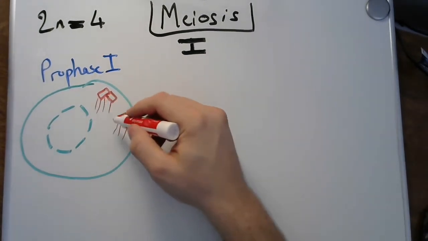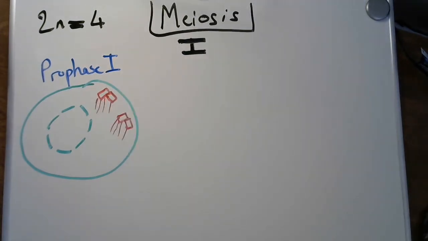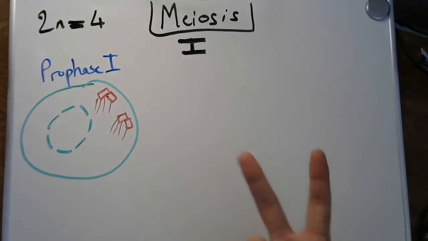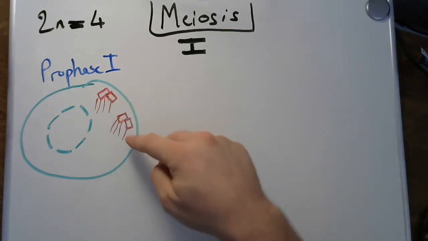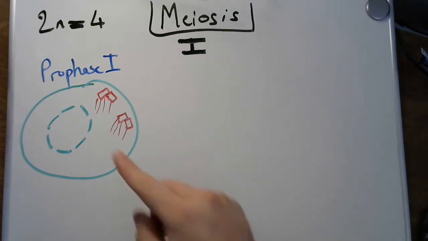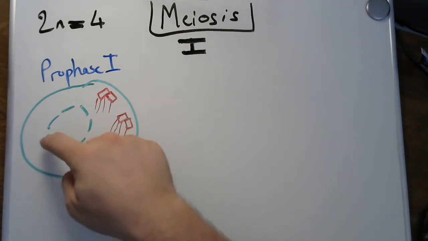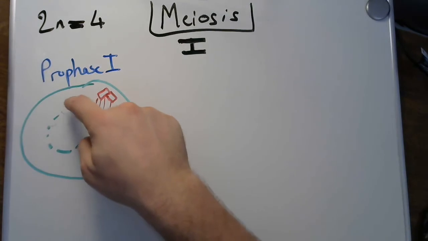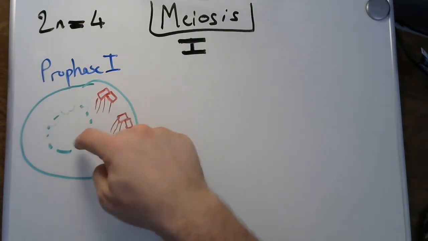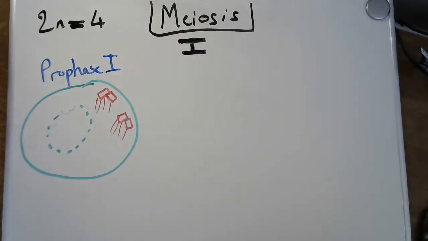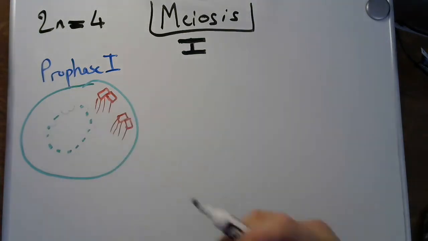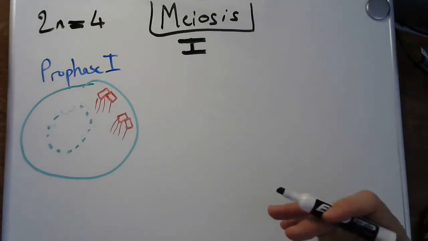So I want us to realize that prophase 1 is really similar to the prophase from mitosis. 3 things happen. The centrosomes with the spindle fibers are forming. The nuclear envelope is dissipating, disappearing. So it's not just the nuclear pore now, the entire envelope is disappearing. Inside of that, your chromosomes are still in there, so that's the third thing that happens, they start condensing.